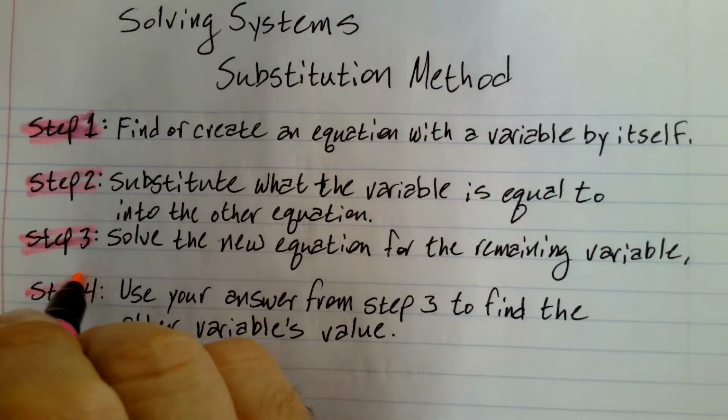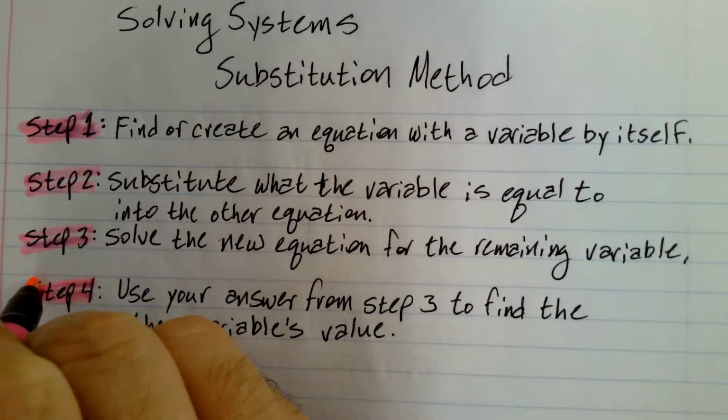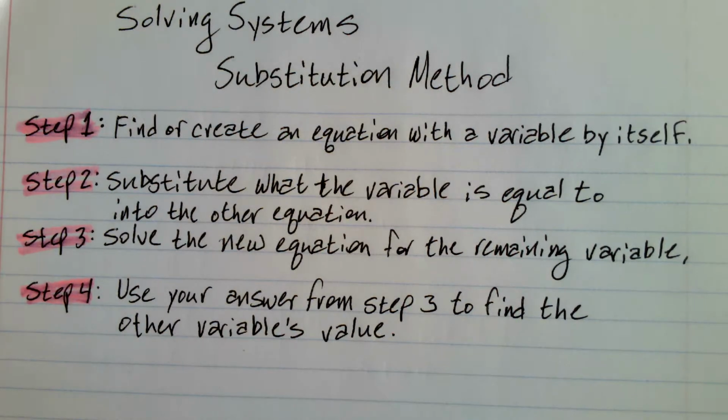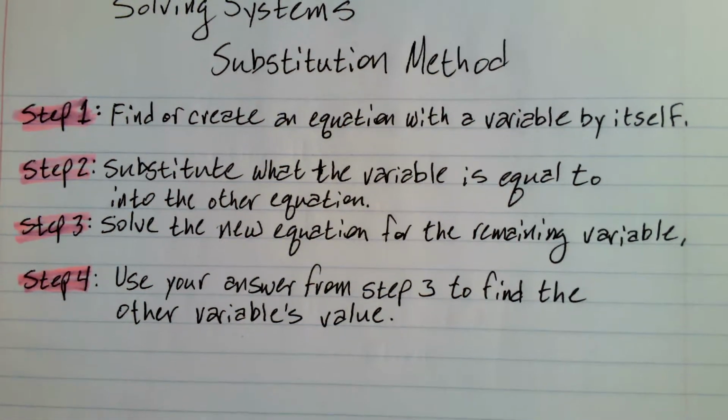Okay, that's step four. At that point, you should know what x equals and y equals, and you can write your ordered pair.